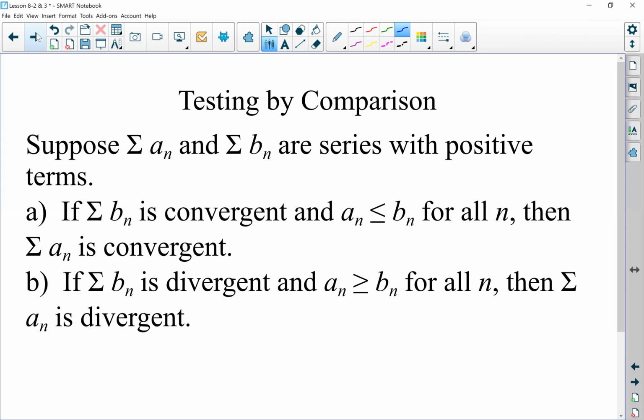So if the larger series b sub n is convergent, then the smaller series is also convergent. If b sub n is divergent and a sub n is greater than b sub n, then the larger series is also divergent.